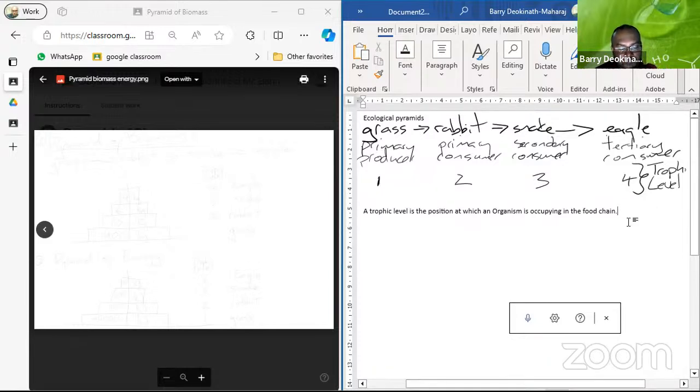So now we remember this is ecology, the study of the environment. If we want to study the environment scientifically, obviously we're going to have some way in which we look at numbers, so we can analyze and get data and investigate, so we could have a better idea when we are studying.